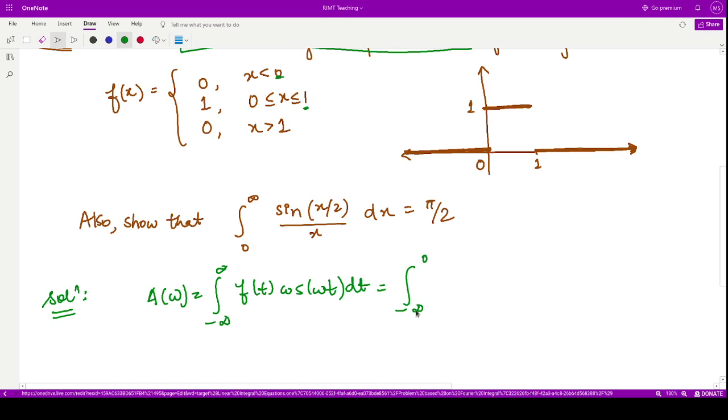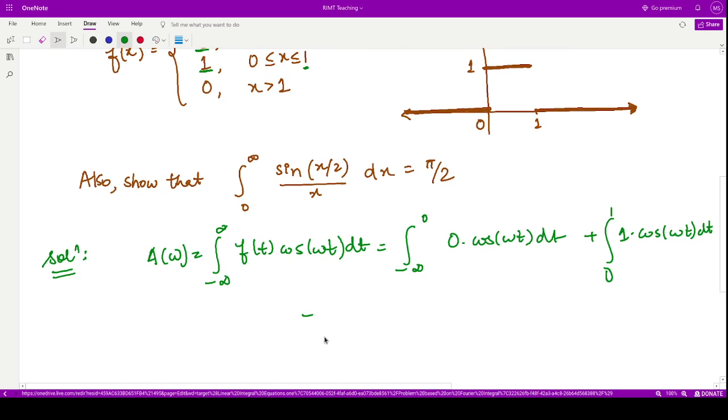From minus infinity to 0 the value of the function is 0, so that integral is 0. From 0 to 1 the function's value is 1, so we have 1 times cos omega t dt. And for the third case, from 1 to infinity, the function's value is again 0.